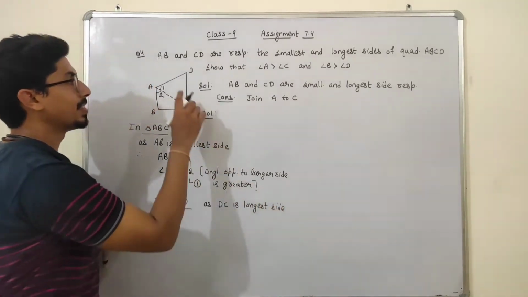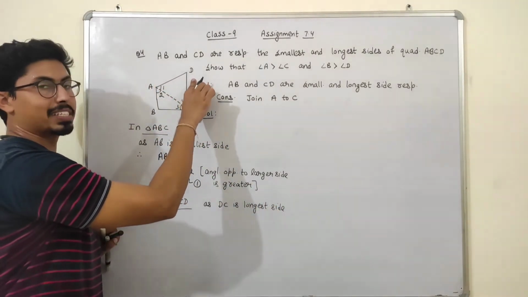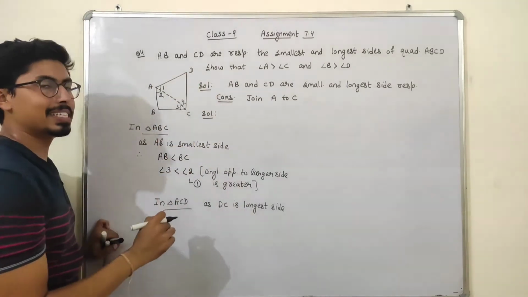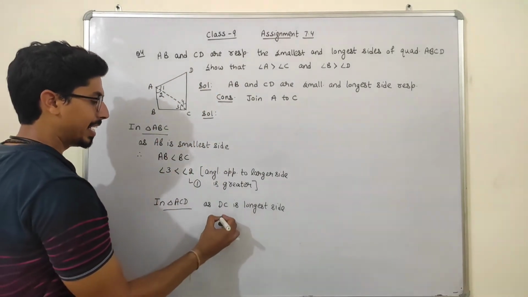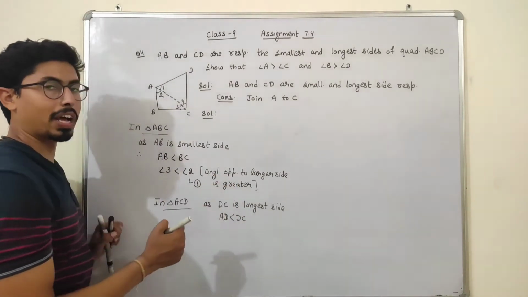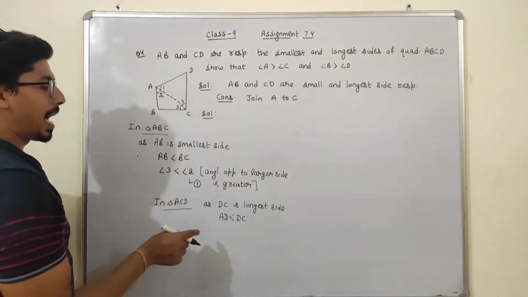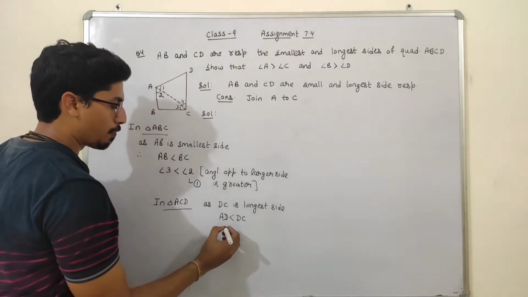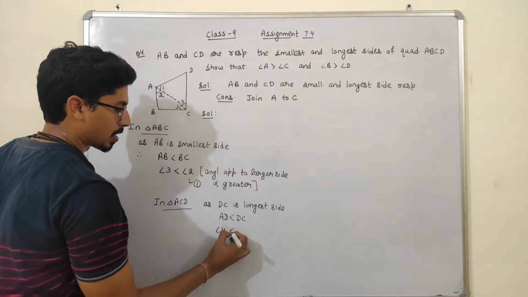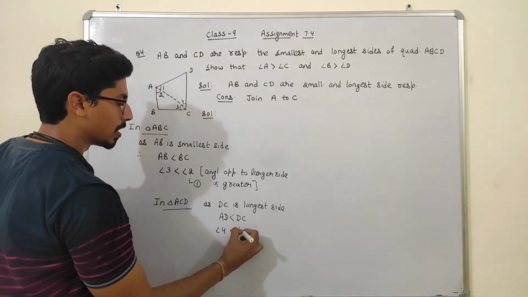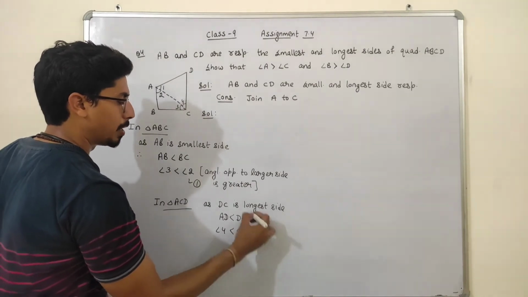So I can say that AD is less than DC, because DC is the longest side. The angle opposite to AD is angle 4, and the angle opposite to DC is angle 1. Name this as equation number 2.